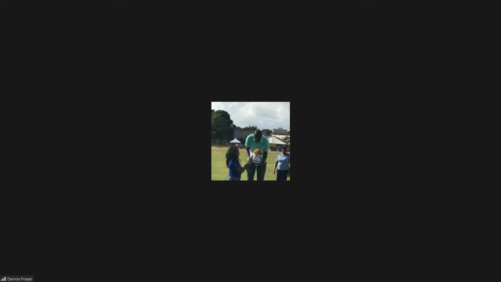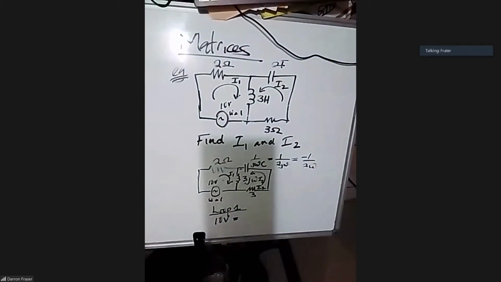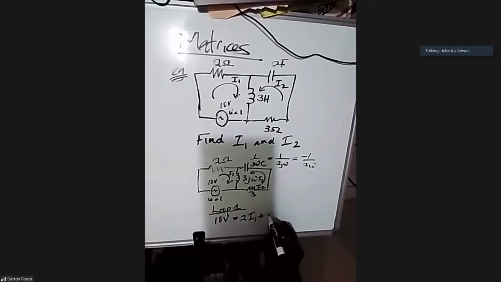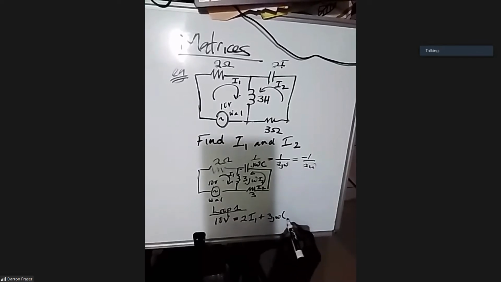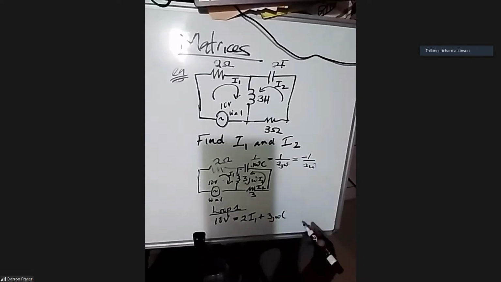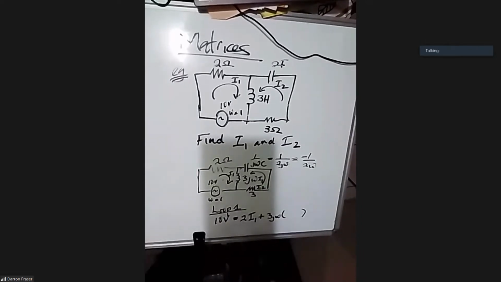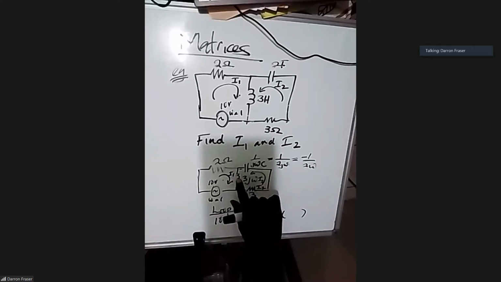10 volts equal 2 I1 plus 3J omega. What's the current through this?